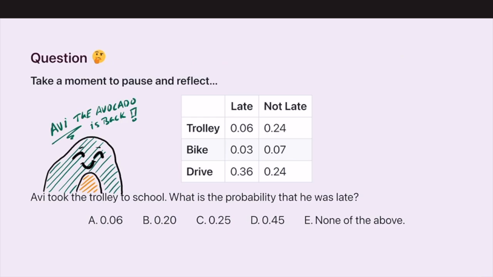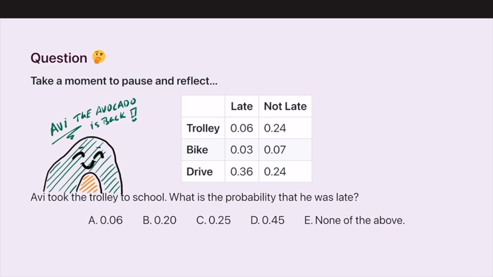So Avi took the trolley to school, and we want to know what is the probability that Avi was late. Now, this is also not a trick question, but there's a logical step that you have to take. If not, you'll get hung up and pick the perhaps intuitive idea. I'll give you a few seconds to think about it, and then we'll answer this question.